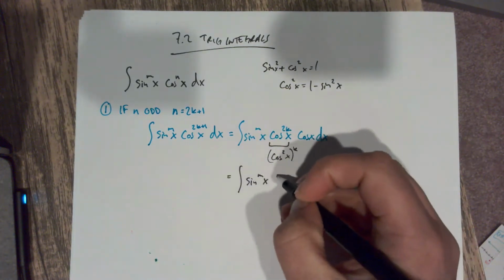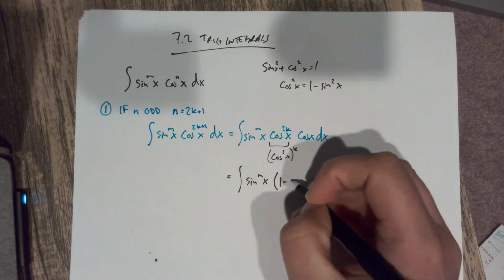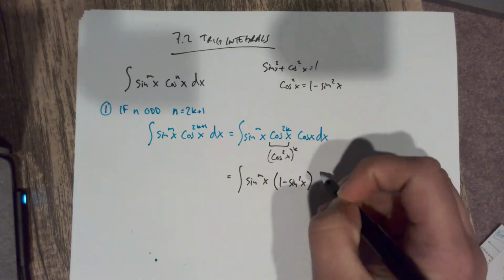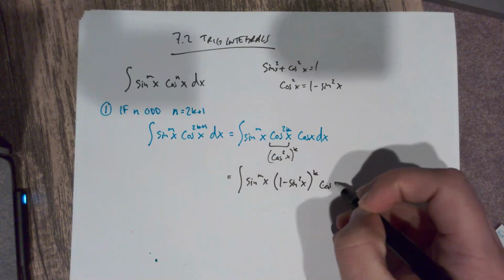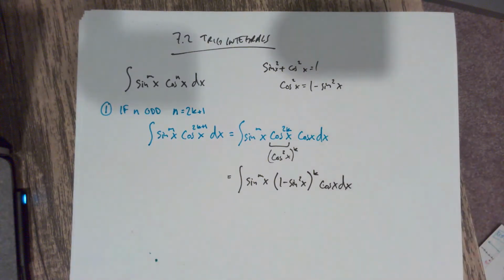So we have sine of x to the m times 1 minus sine squared of x to the k cosine of x dx.